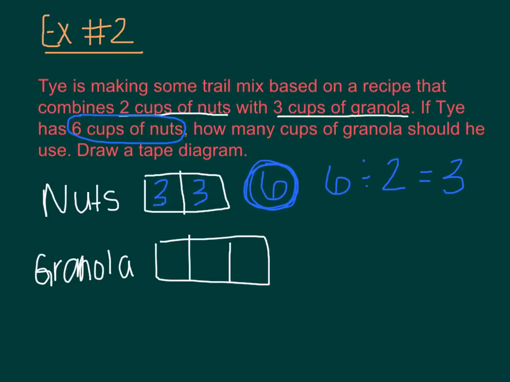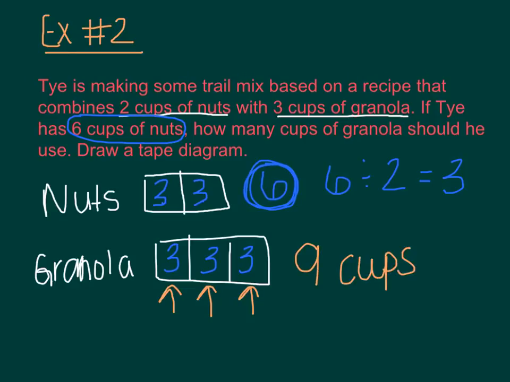And then the same number goes in the boxes for granola. 3 for each. So how many cups of granola will he have? Well, now we can just count. 3, 6, 9 cups of granola.